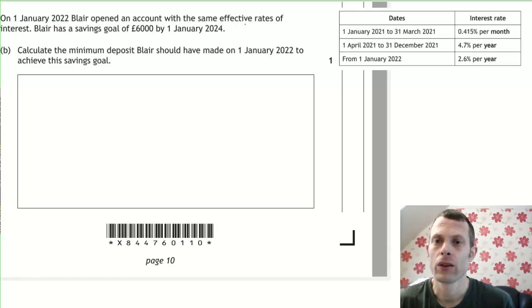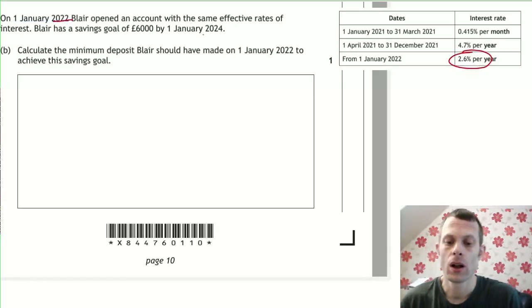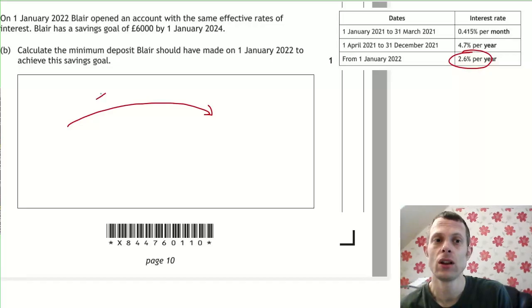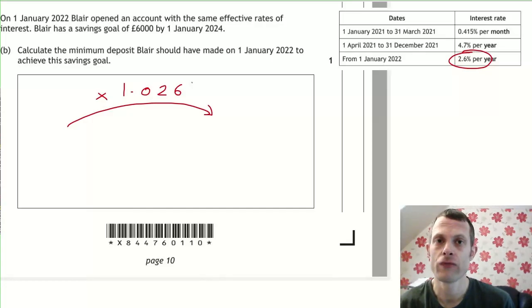So let's think about this. If we were getting 2.6% a year interest, you would be multiplying by 1.026 every year, 2 years, so that's to the power of 2. We will finish with £6,000, and we want to know what we started with.